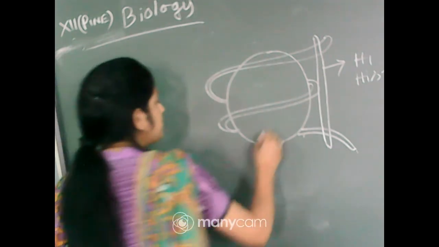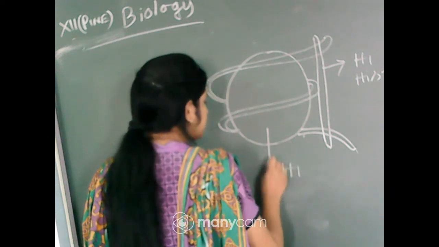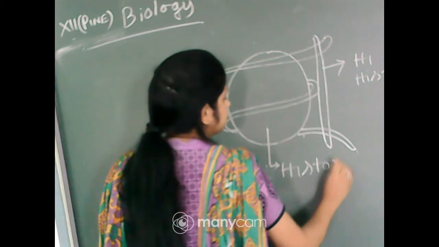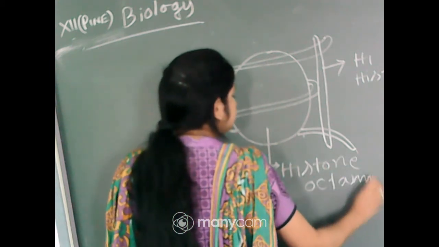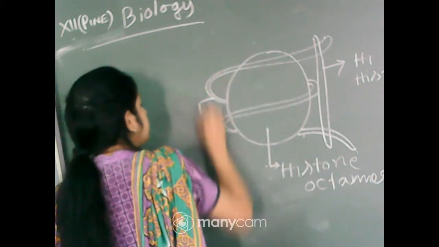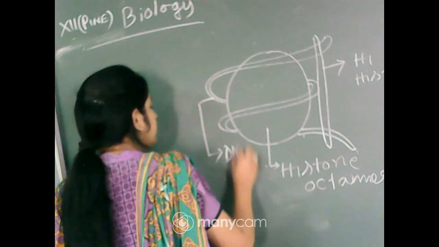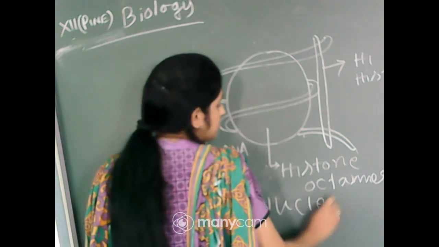This round shape structure is the histone octamer, and this is the coiled DNA. This is DNA, and this total structure is called the nucleosome.